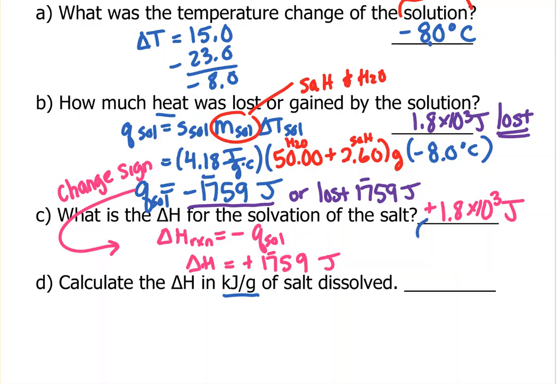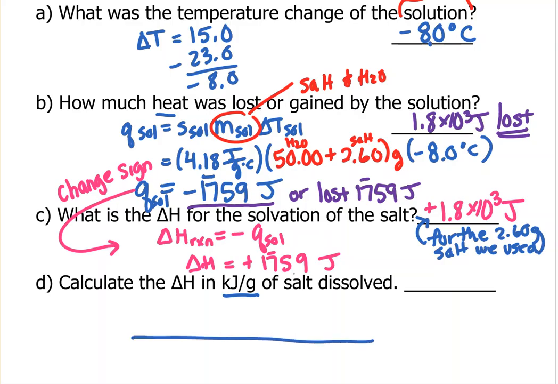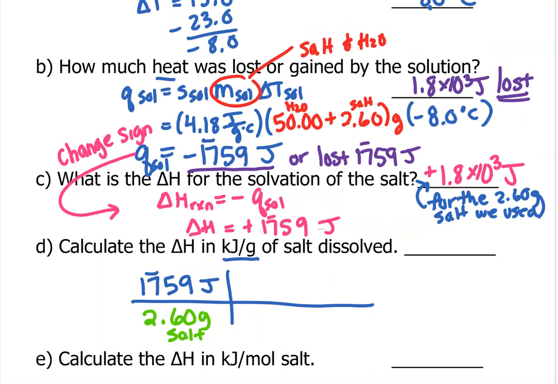So this is for the, how much did we dissolve? 2.60 grams salt we used. So when I start this part, I'm going to use this number with all the sig figs, or all the extra digits. That's how many joules per 2.60 grams salt. So that's the part that gets people.